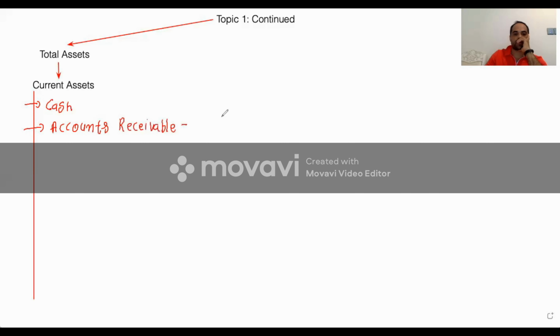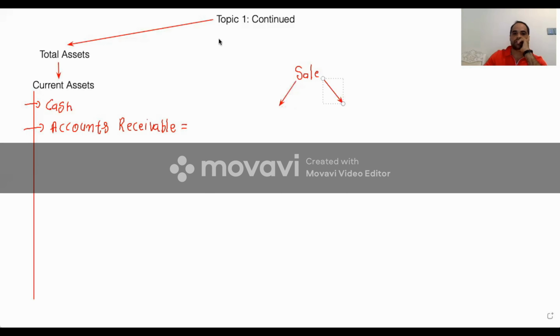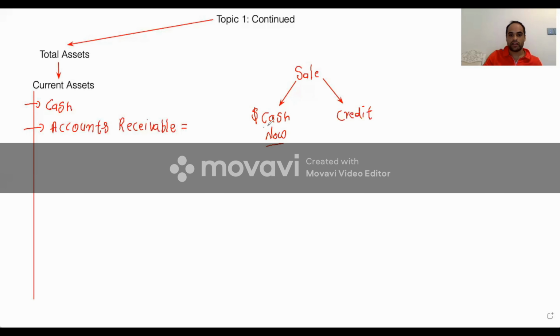For example, when you sell product, when companies sell product, a company has two options: sell by cash or sell by credit. Cash means you sell now and the customer pays you money right now. That's called cash sales.